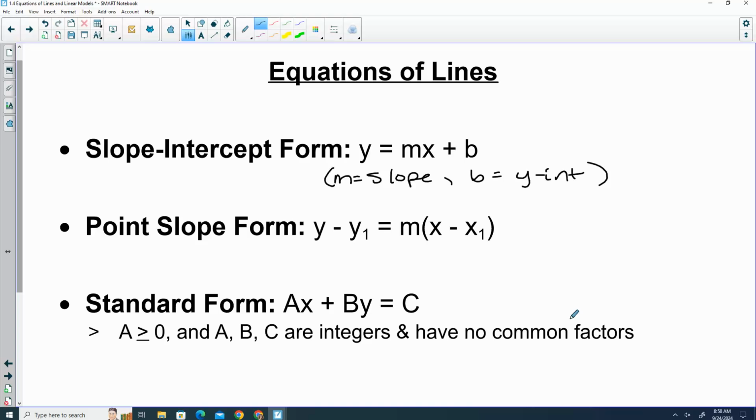Point slope. So what do you think x1, y1 is? It's a point on the line. x and y are just going to stay x and y. Those are the variables in our equation.